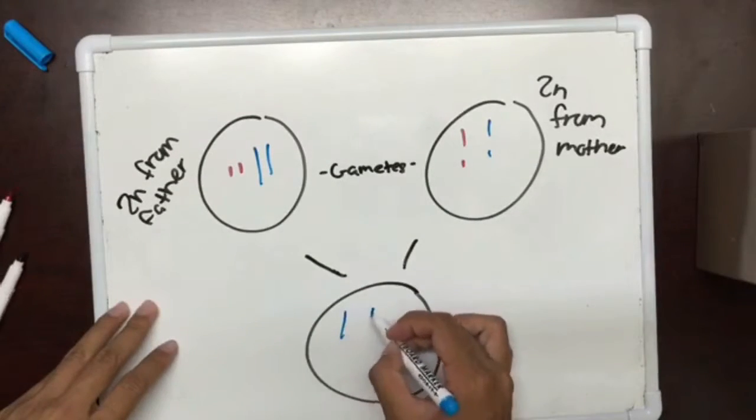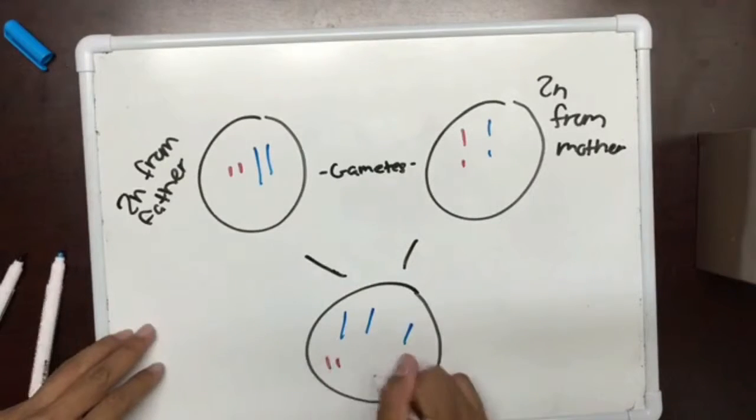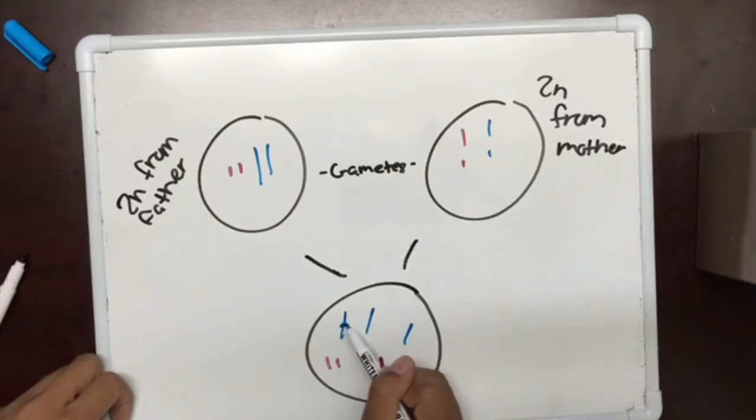It receives all of the chromatids from the parents, and the chromatids soon replicate.